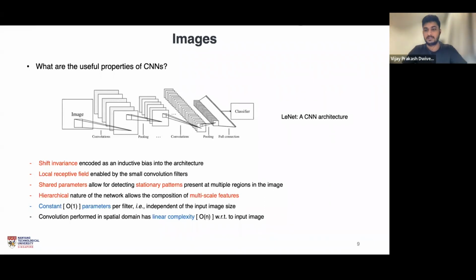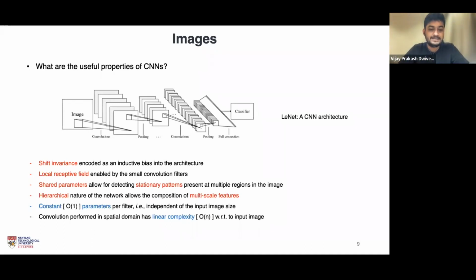Then it has shared parameters. One filter weight can be convolved over different patches of the image. It helps to detect stationary patterns that may be present at multiple regions in the image. Next, the hierarchical nature of the network allows the composition of multiple scale features. So these are the good characteristics.